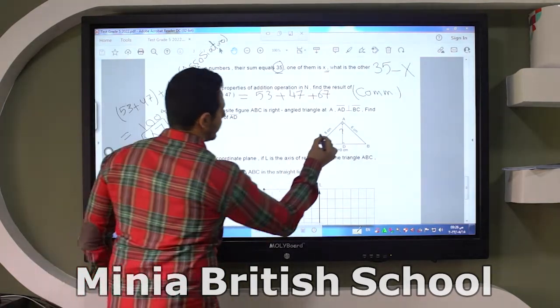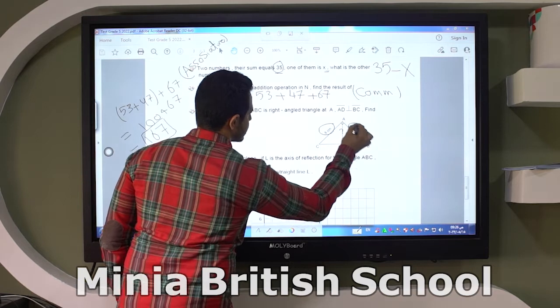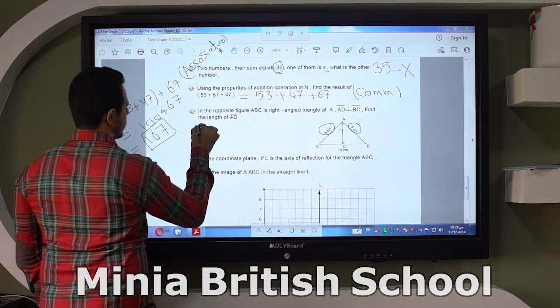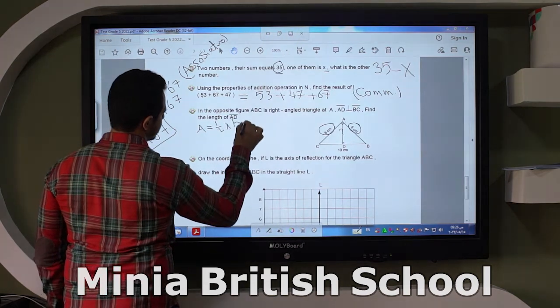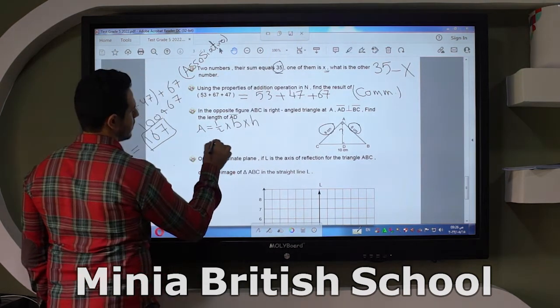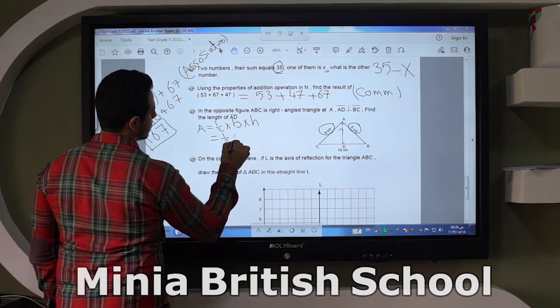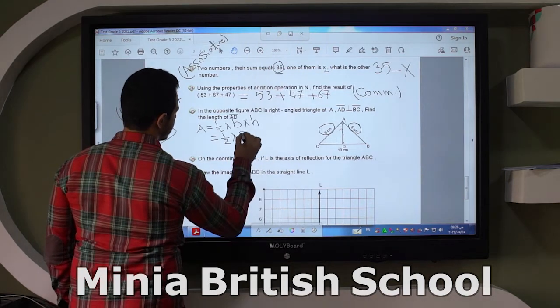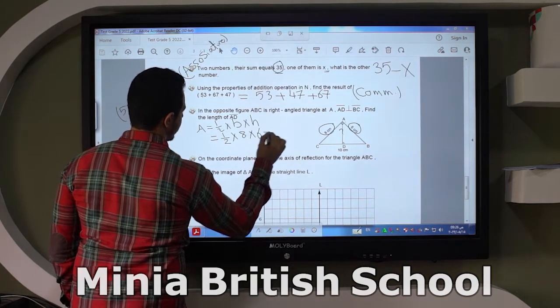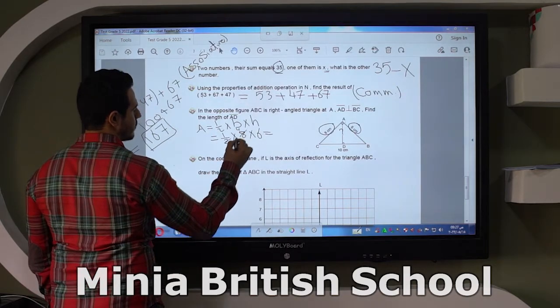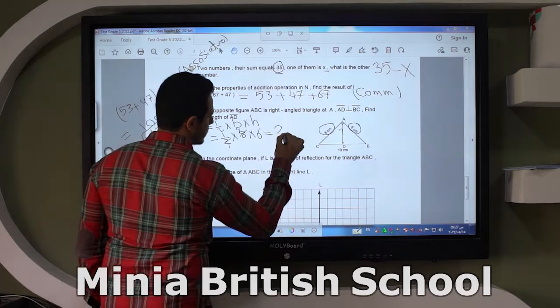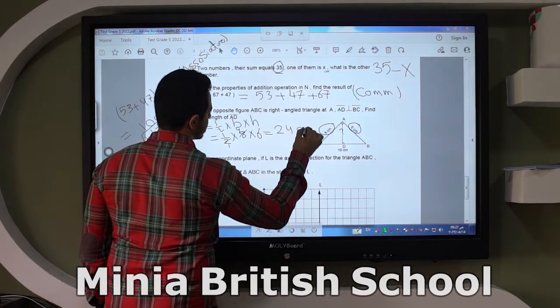I will get the area from this base and this height. Area equals half times base times height equals half times 8 times 6. Now, 8 divided by 2 equals 4. 4 times 6 equals 24 square centimeters.